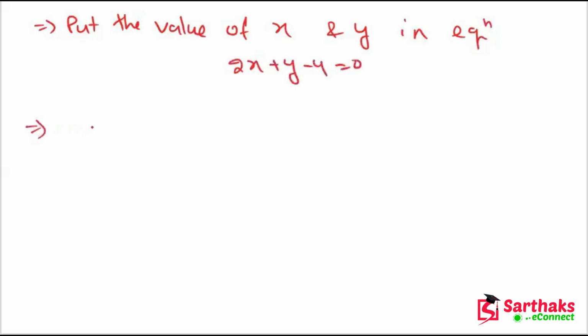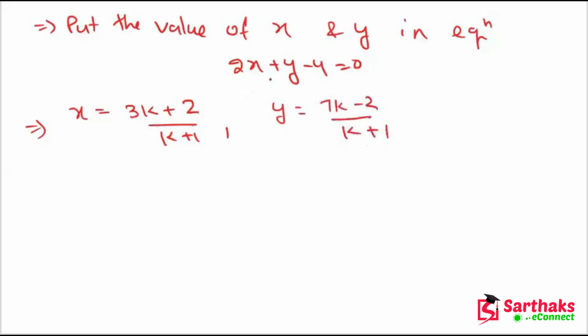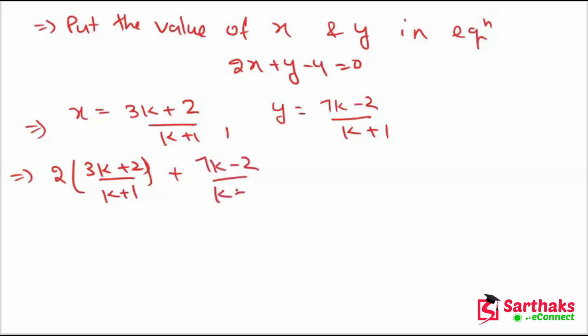Okay, so hence the value of x is 3k plus 2 divided by k plus 1, and the value of y is 7k minus 2 divided by k plus 1. So we have to put these values in this equation. So this will become 2 into 3k plus 2 upon k plus 1 plus 7k minus 2 upon k plus 1 minus 4 is equal to 0.